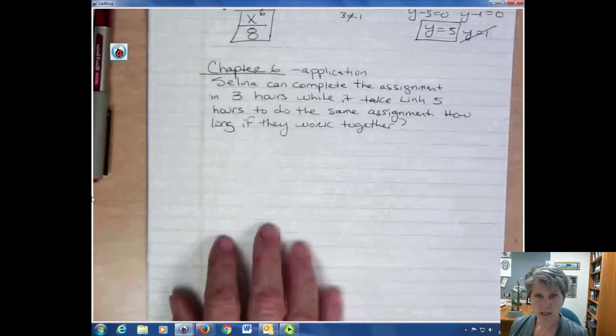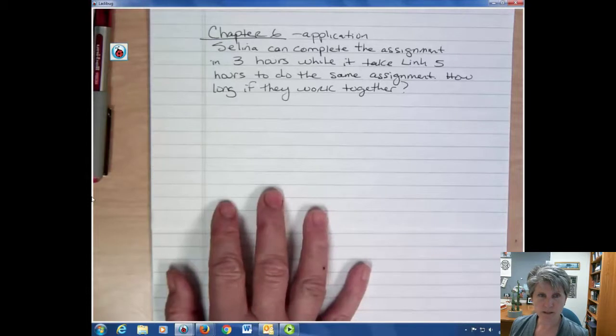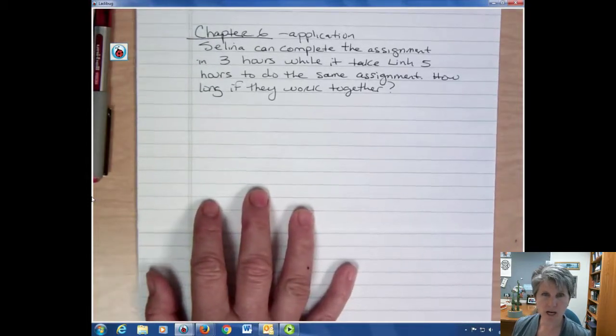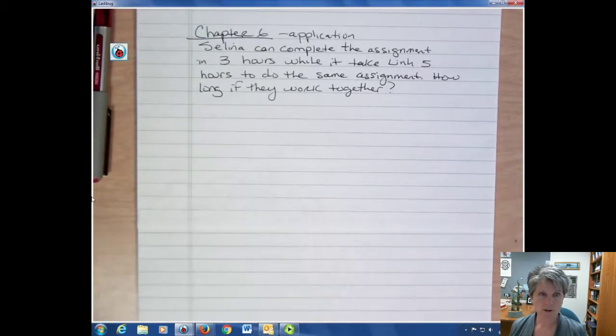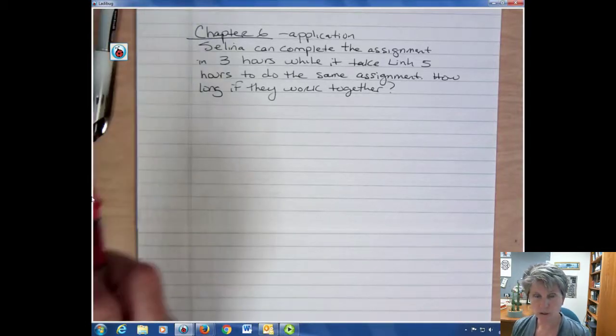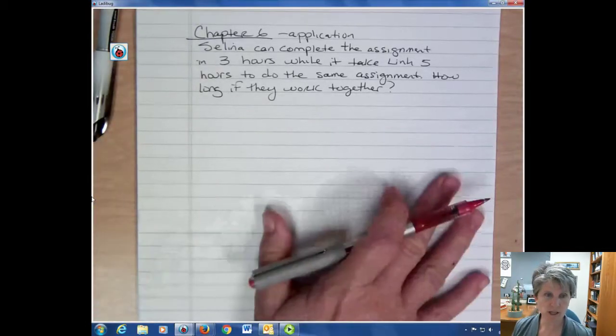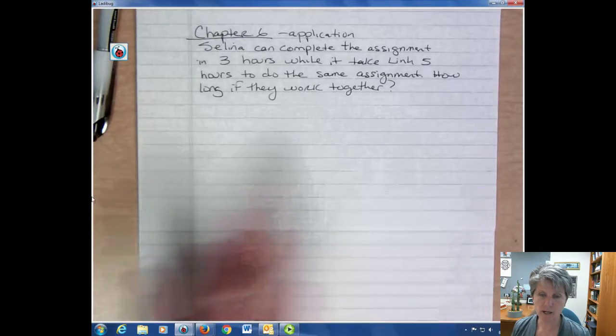Okay, then the last one for number 6 is an application problem. And this one says Selena can complete the assignment in 3 hours while it takes Lynn 5 hours to do the same assignment. How long if they work together? Well, this is a typical work problem, and there's more than one way to do it. And so I know that some of the videos of the class are done by a different instructor, and I don't know how she explains it.